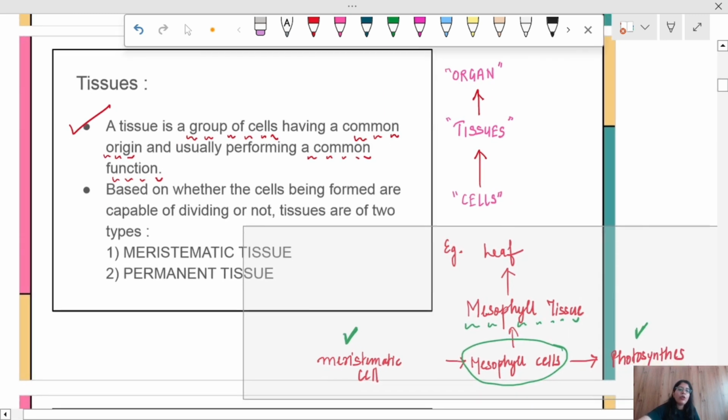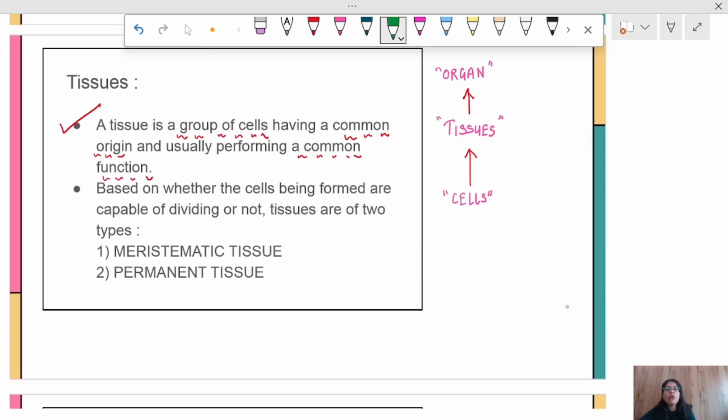One more example I can quote over here. Let's suppose I'm talking about another example, that is xylem. Xylem is an example of complex tissue. This xylem tissue is made up of four different types of cells. What are those cells? Maybe you know them; you have learned them in class 9th also.